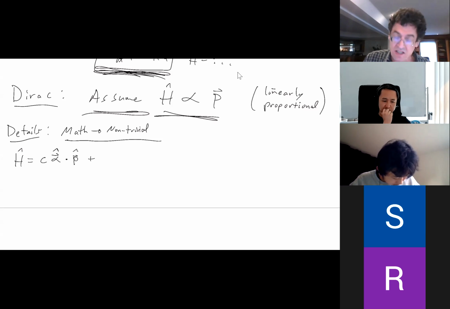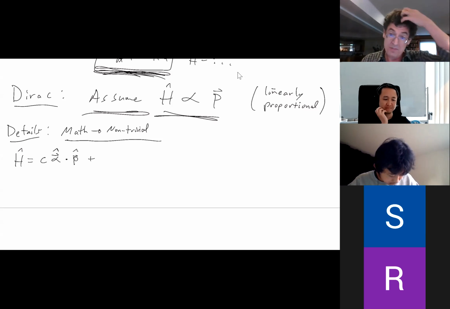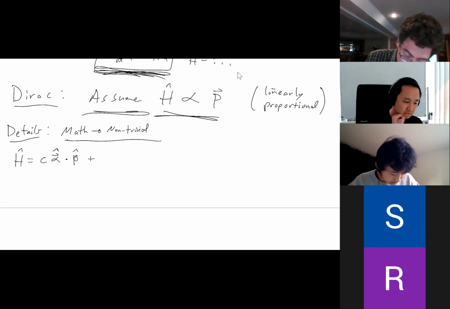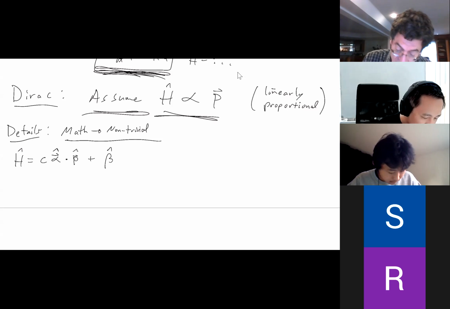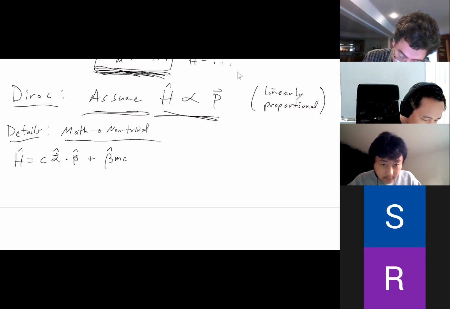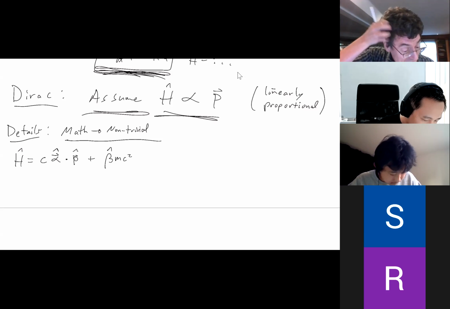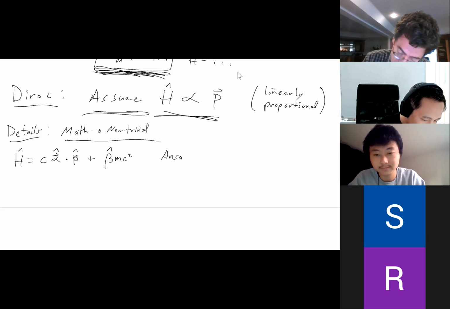But then let's add a constant. So it's basically like a line: slope times the variable plus a constant. And the constant will be beta, which is also an operator. To get the units right, we'll multiply it by mc squared. Okay, and so this was his assumption, his ansatz.